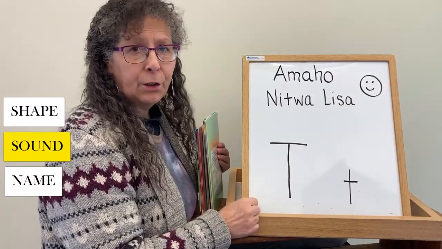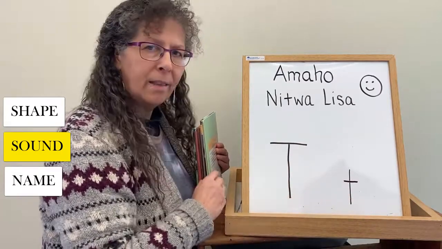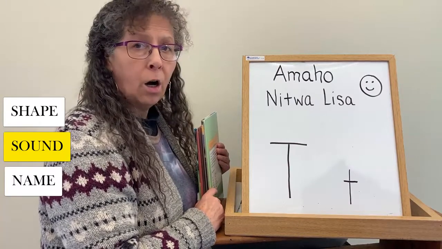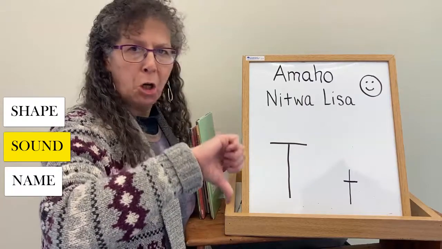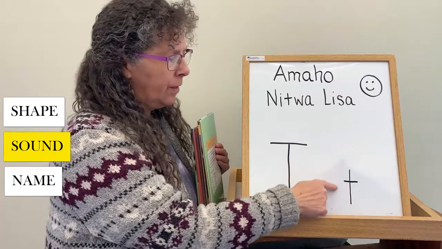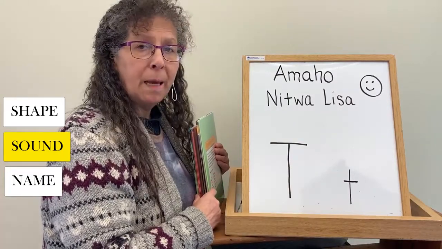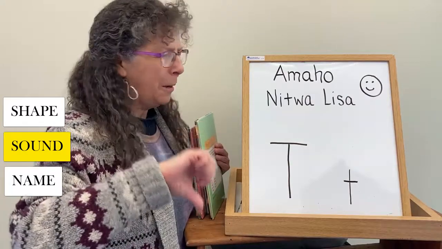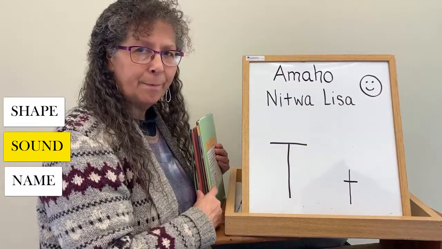I would ask the children, what is the difference in the way these letters look? Are the letters both the same size? No. Capital T is larger than the lowercase t. Are these letters made with circles? No. These letters are made with straight lines.